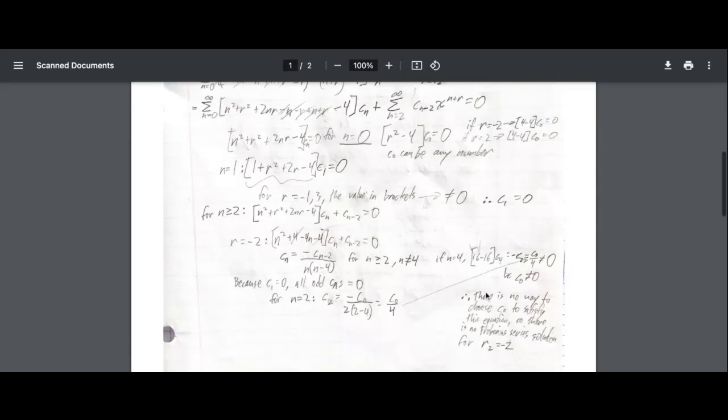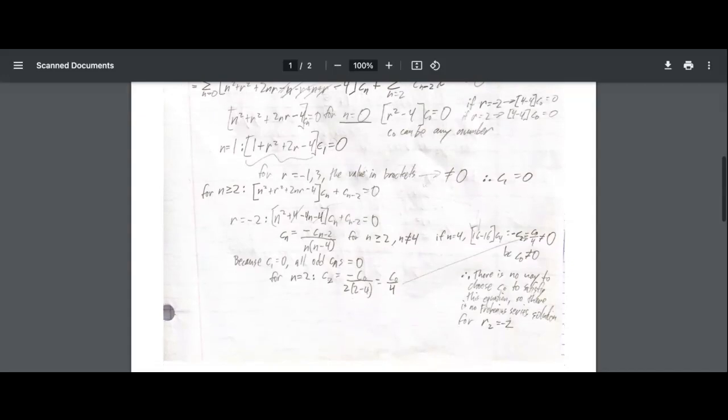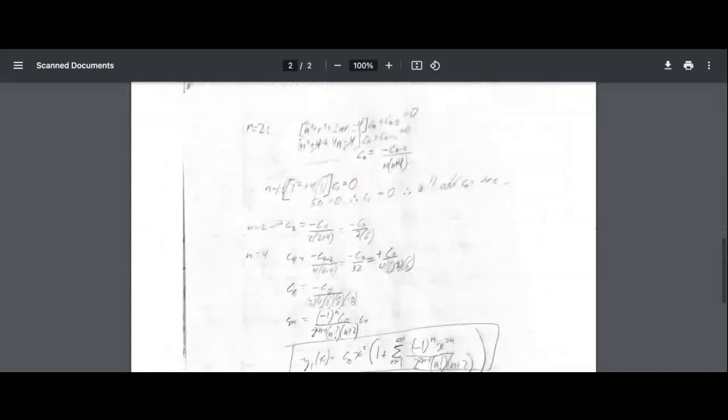And so that means I've got to check the other one. So r equals 2, same thing, recursion relation, a little bit different. The denominator is n plus 4, so we're good with the positive values of n. We won't be getting a 0 in the denominator.